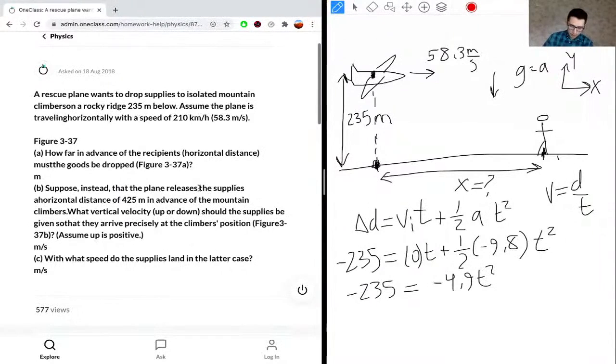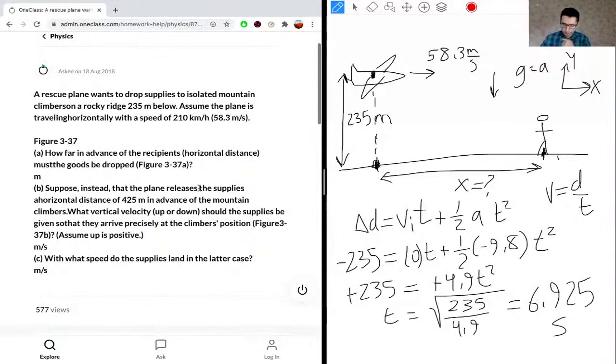The negative signs cancel out, and we're left with t equals the square root of 235 divided by 4.9. Doing that, this gives us 6.925 seconds.